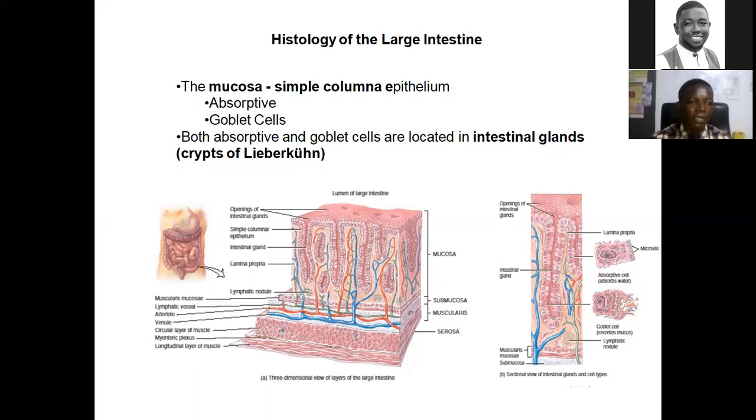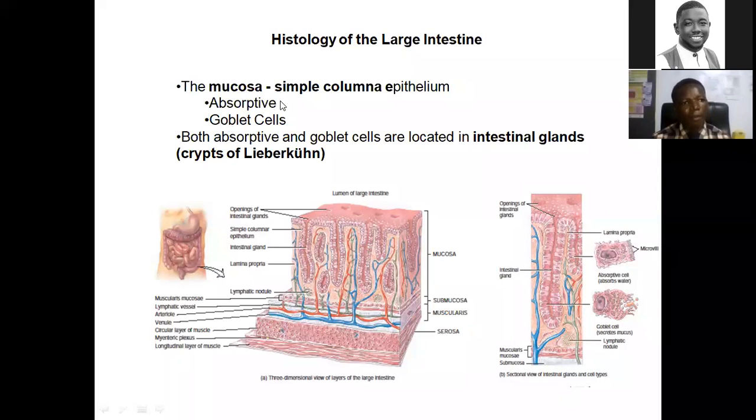But in the large intestines, those villi cannot be found here. Because they are not there, it looks smoother. The only thing you can see are the openings of the intestinal glands, which are here. So that is why water absorption is not much done within the large intestines, but it is largely absorbed within the smaller intestines that we saw last week.